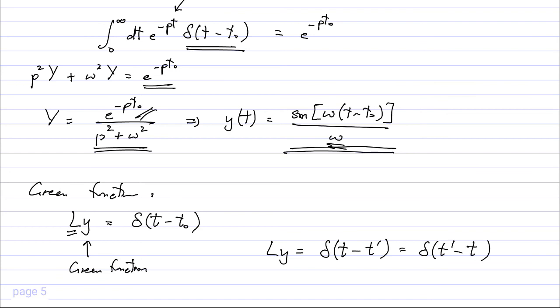So I just replace t naught by t prime. You do that because very soon we're going to do an integral over this argument, and it's a bit weird to do the integral over t naught, because t naught usually brings to mind some initial time, rather than your integration variable. But if you want, you can just integrate over t naught, as you will see.